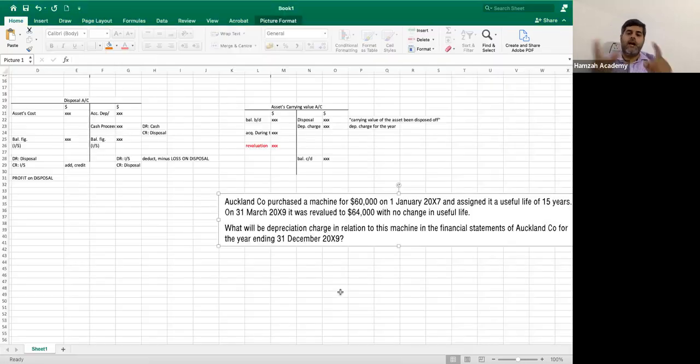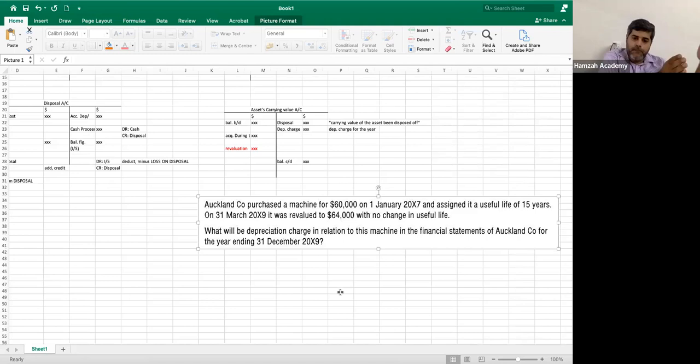Now we go back to our Excel and look at the question. We had the machine on 1st January, with the year ended 31st December. So from January 20X7 to December 20X7 and December 20X8, we had 2 years of straight depreciation. Then the asset is revalued at 31st March. So technically for the 3 months, we have to charge the old depreciation, and then for the next 9 months, we have to charge the new depreciation.